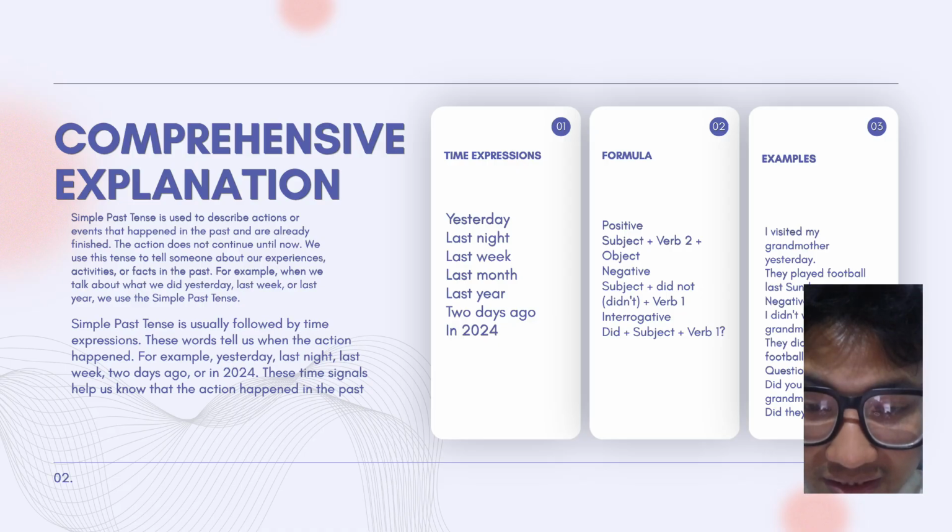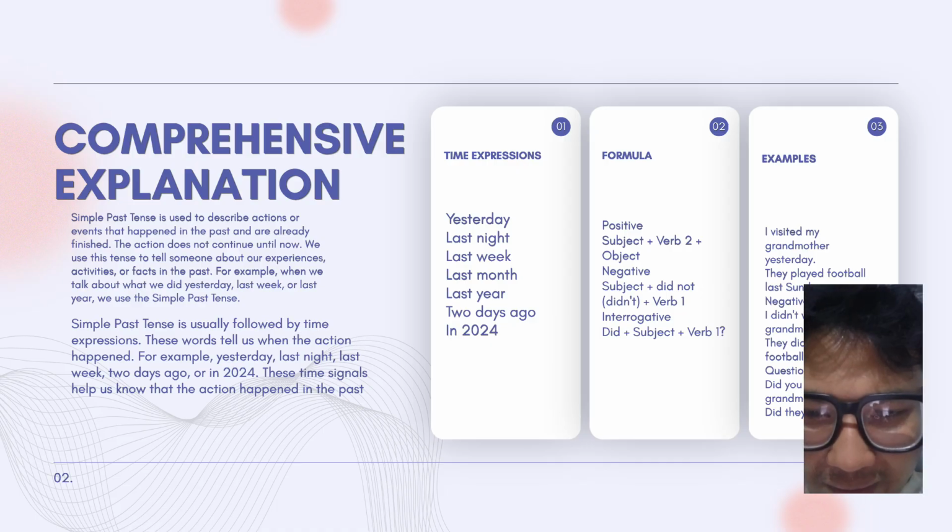Why? You have to see what's the difference. For the first, I didn't went to school. There is went. Why is this wrong? Because it already uses didn't. Okay, and next, did you ate pizza? Nah, that's wrong.